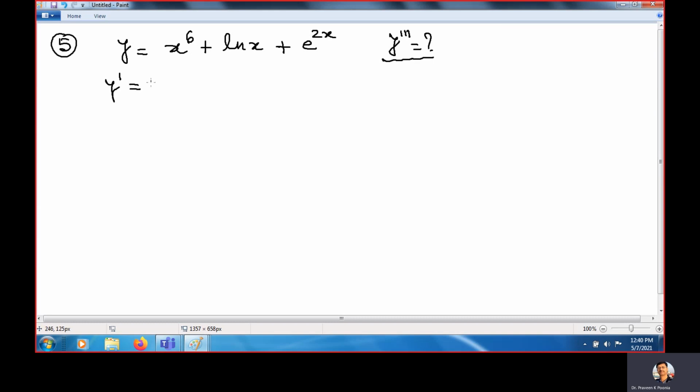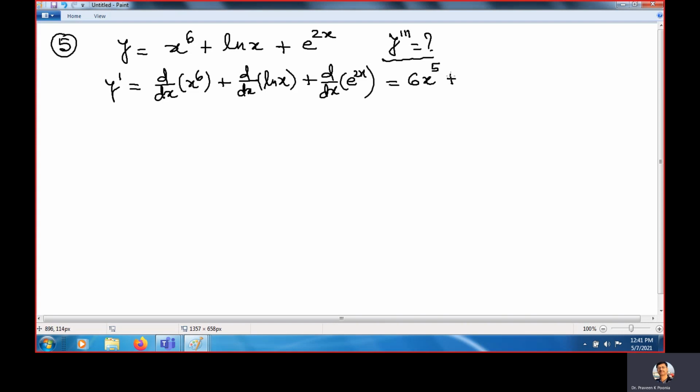First is y dash, d by dx of the first term, d by dx of the second term, and d by dx of the third term. The derivative of x power 6 is 6x power 6 minus 1, that is 6x power 5, plus the derivative of ln x, which is 1 upon x, plus the derivative of e power 2x, which is e power 2x.